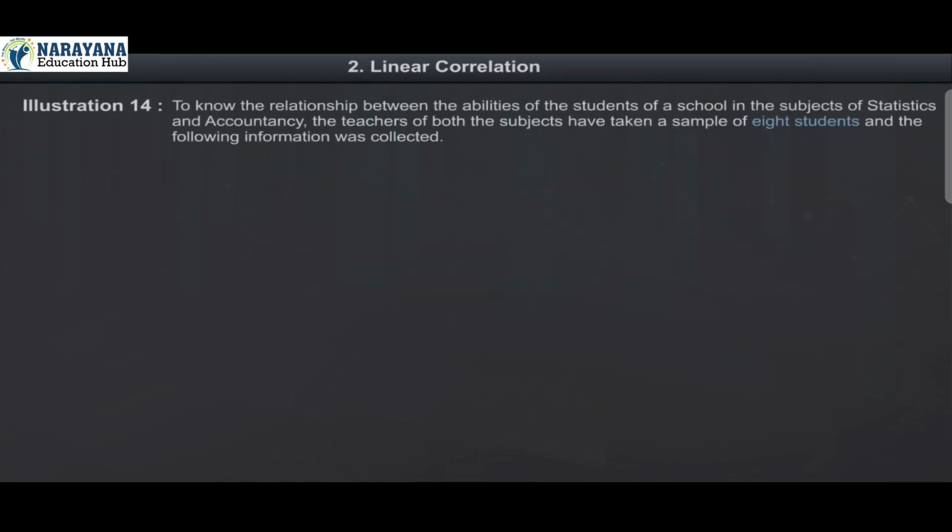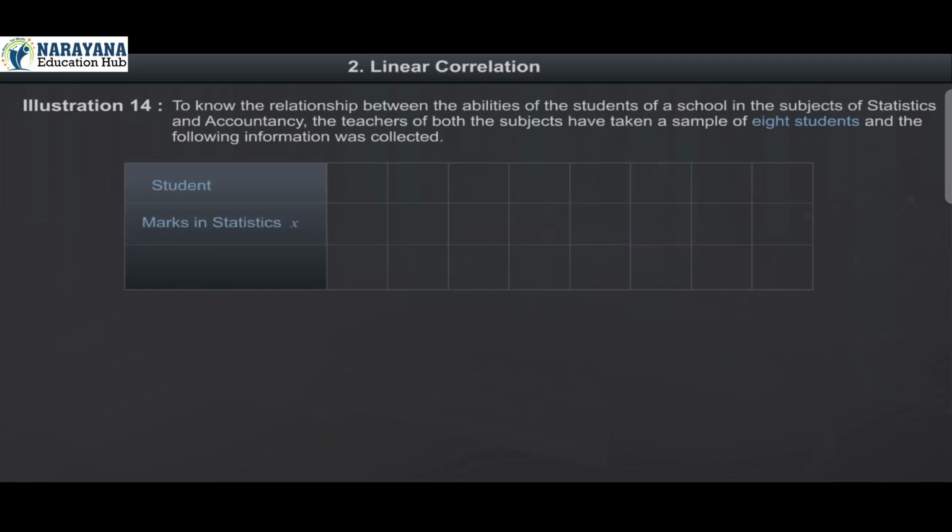Illustration 14. To know the relationship between the abilities of the students of a school in the subjects of statistics and accountancy, the teachers of both the subjects have taken a sample of 8 students and the following information was collected.